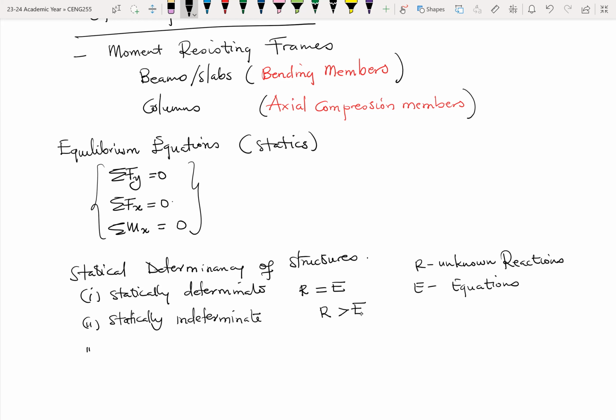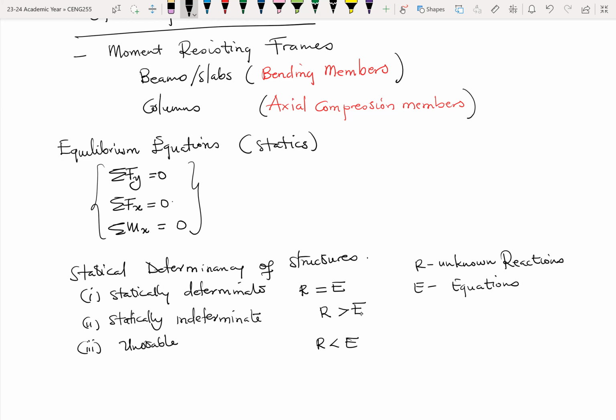Then one other type that we as engineers tend to avoid is unstable structures, where typically there are more equations than the number of unknown reactions.